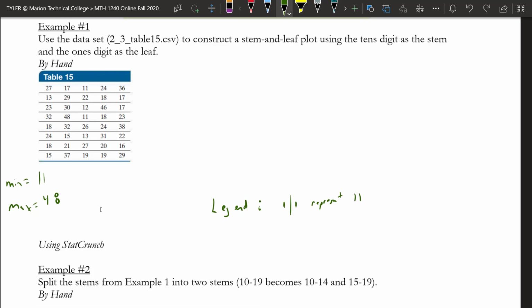So when I construct my stems, I'm going to want 1, 2, 3, and 4 as my options. I'm going to draw a line to separate the stems and the leaves. It's actually helpful to do this when the numbers are in order.